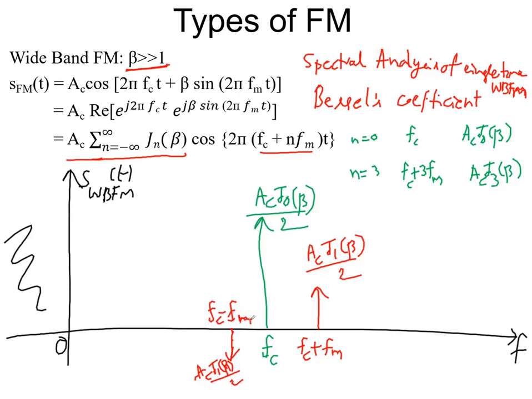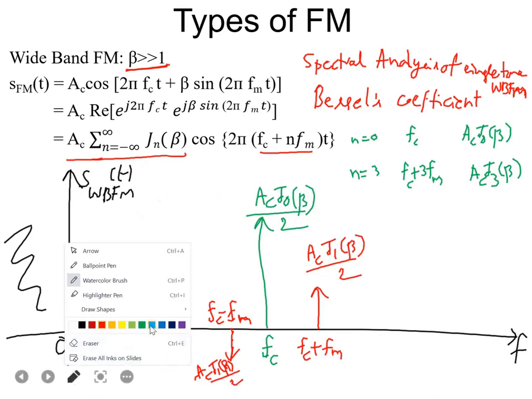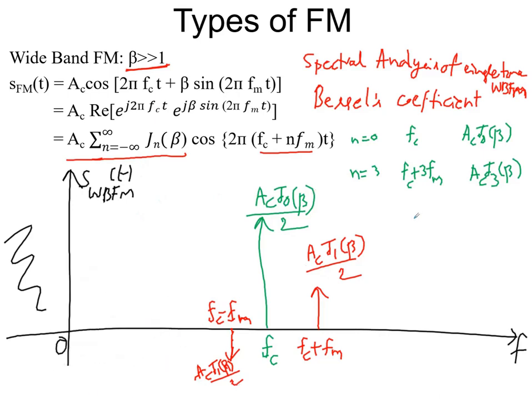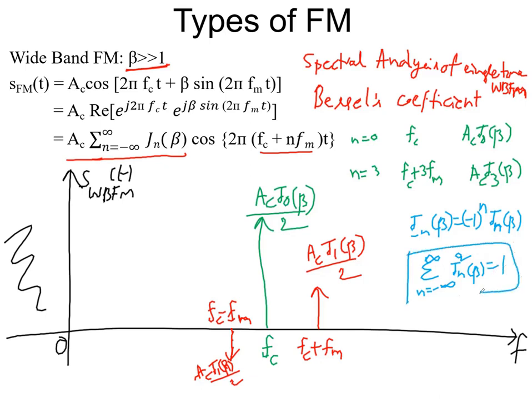Why? Because Bessel coefficients have certain properties. What are those properties? Let me tell you in a very brief note here. Two big properties of Bessel coefficients are J minus n(beta) is minus 1 power n Jn(beta), then summation n lying from minus infinity to plus infinity, Jn square(beta) is 1, from which you are getting the power in FM as constant always.